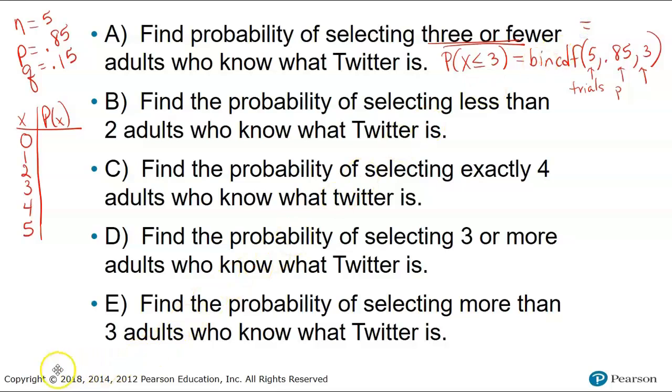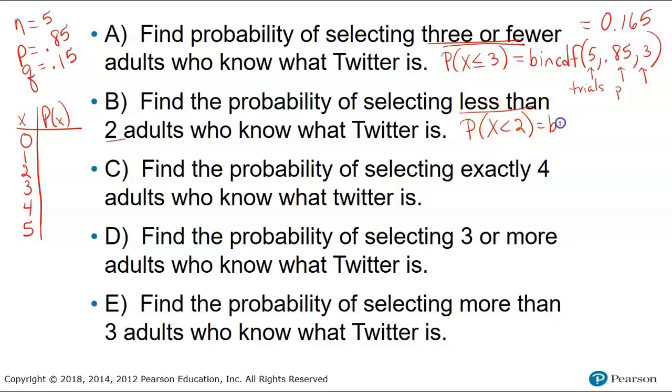Okay, so when you put that in your calculator, you're going to get 0.165 because we do want to round these to 3 significant digits. On the next one, the probability of selecting less than 2 adults. So that's going to be less than 2 would be like this.